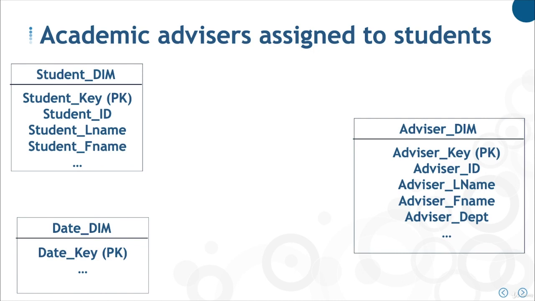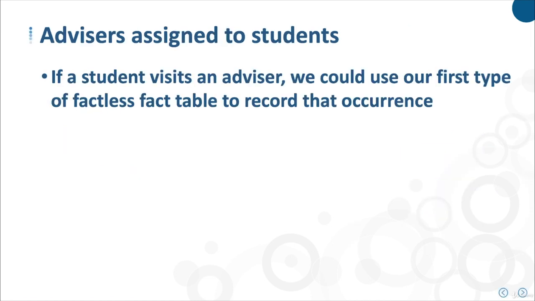So here's a good example. What we would like to keep track of are the academic advisors who are assigned to students. So we have our student dimension that we've seen several times. We have our date dimension, and we also now have an advisor dimension. What we'd like to do is, for example, if a student actually visited an advisor, you could use our first type of factless fact table to record the occurrence.